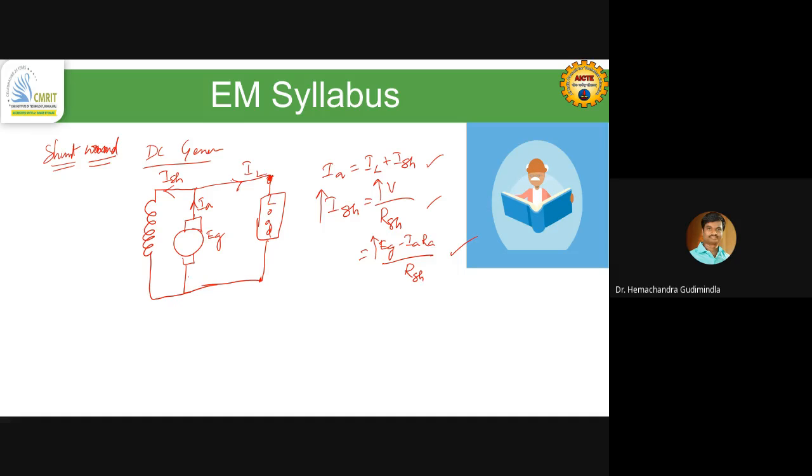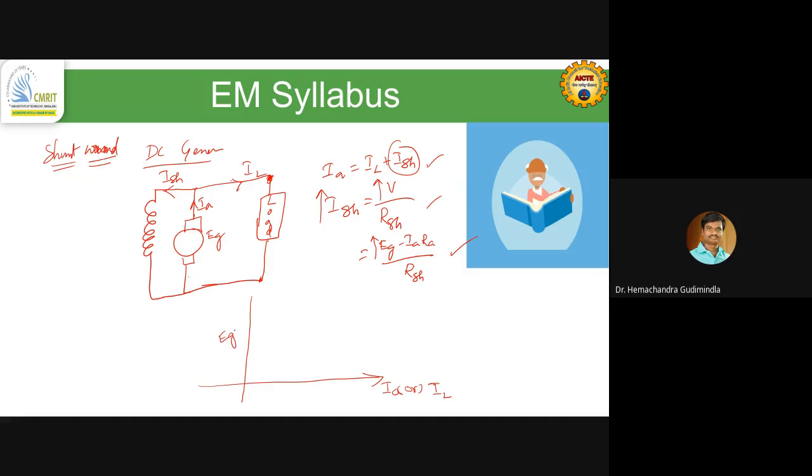So now if I draw the characteristics, here I take IA, because IA is equal to IL plus ISH, you can take IA or IL, any one, because the shunt field is separate here.